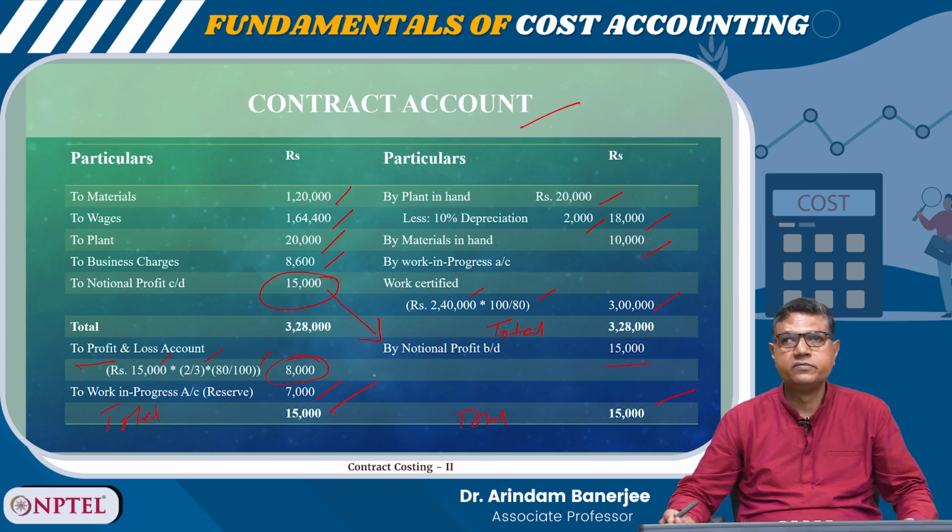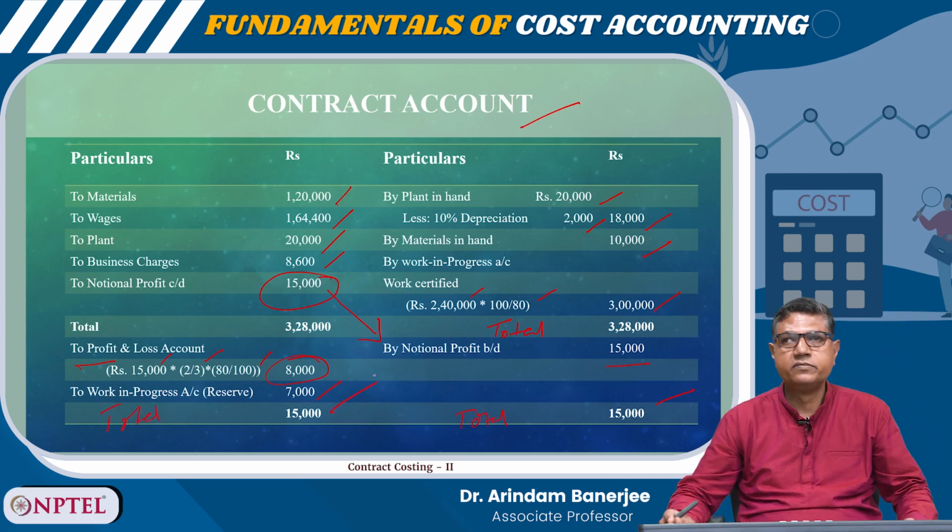Right. So, this is the problem. We need to prepare a contract account. We can prepare it like this. To materials 7,500, all in rupees in thousands. Direct wages 4,000 plus outstanding 270, 4,270. Wages related cost 500. Site expenses 902. Plant hire charges 1,750.